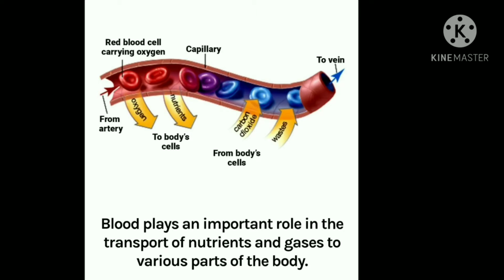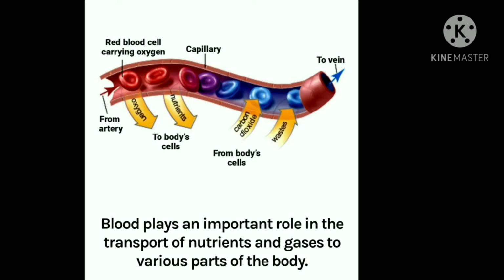In this cellular respiration, whatever carbon dioxide and waste material is created gets absorbed in the blood, which makes the red blood cells turn a bluish purple color because of deoxygenation, the concentration of carbon dioxide. When these red blood cells absorb oxygen, they again turn red.